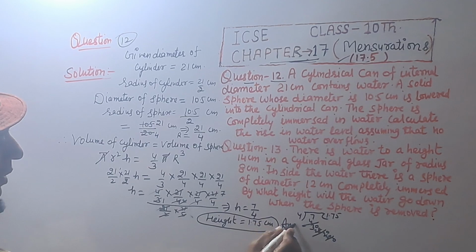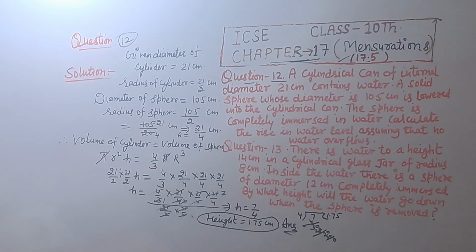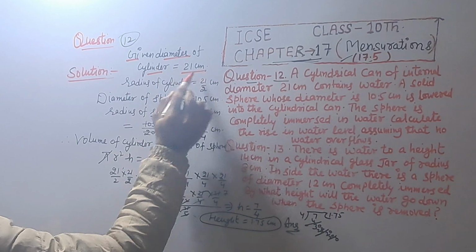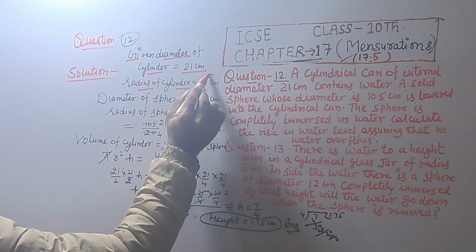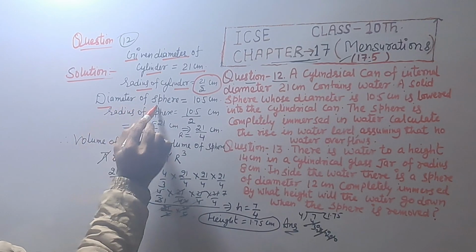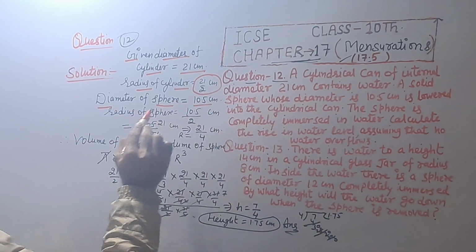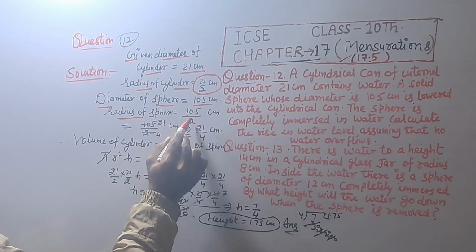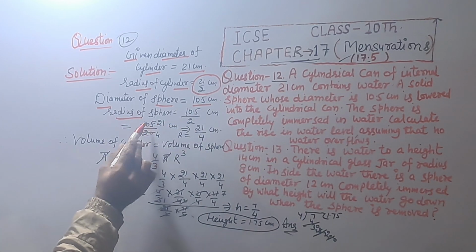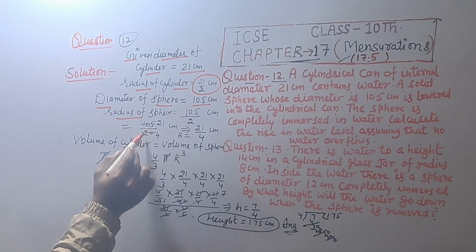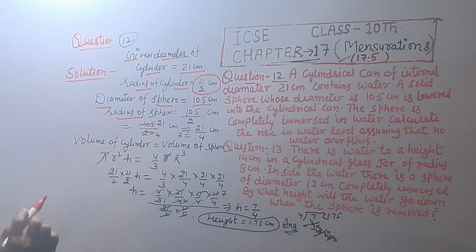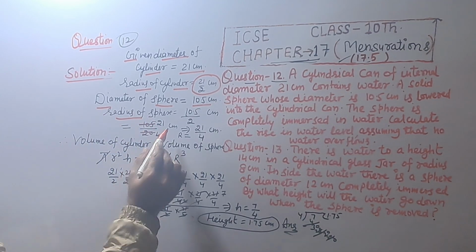Answer. Given diameter of cylinder is 21 centimeter and its radius equal to half of 21. Diameter of sphere is equal to 10.5 and its radius is half of diameter, that is 10.5 upon 2 centimeter, and equal to 105 upon 20. 5 4s are 20, 21 5s are 105 centimeter.